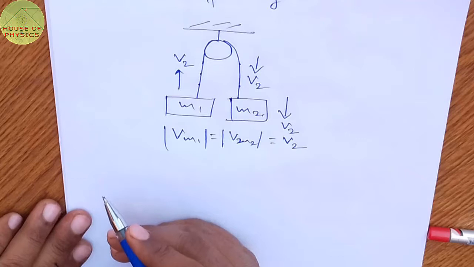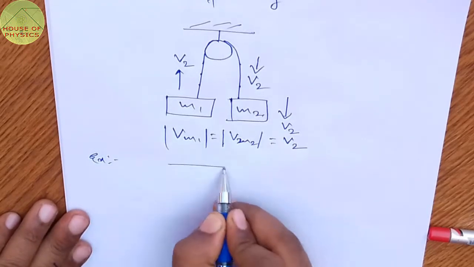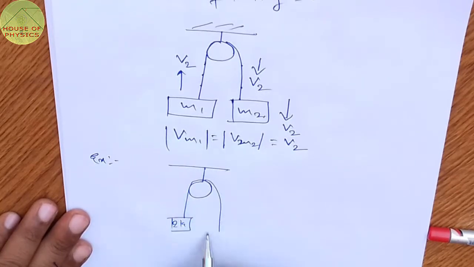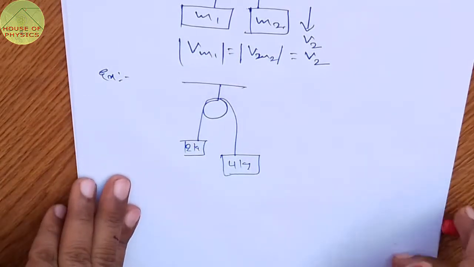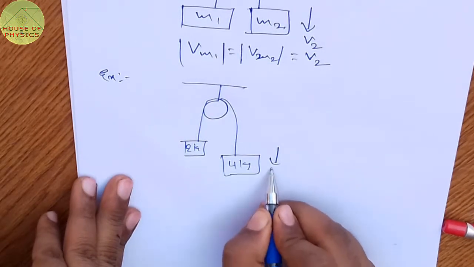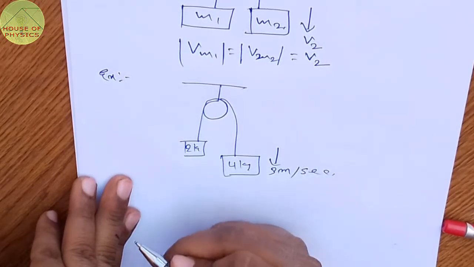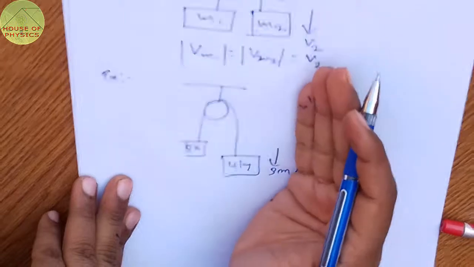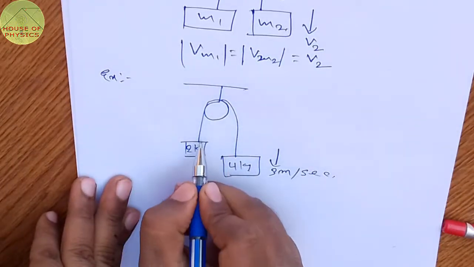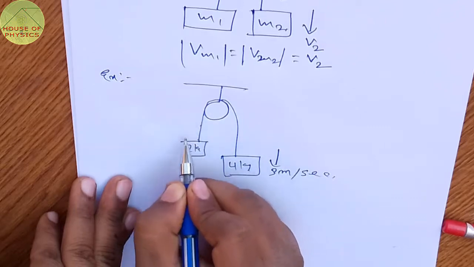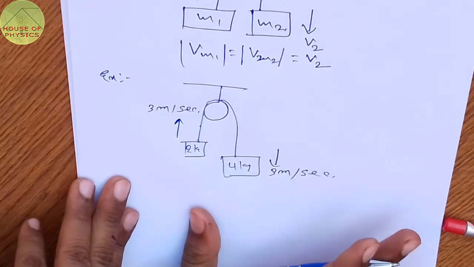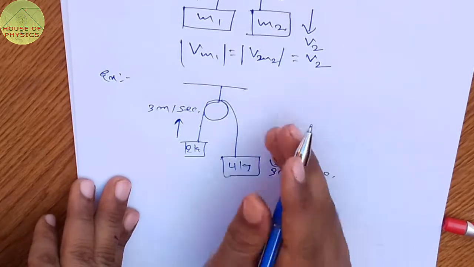Now suppose, as an example, this block is connected with this 2 kg system, and this is a 4 kg system, and if I say this is moving with 3 meters per second, it means all the points on the string will be moving with 3 meters per second in the downward direction on this side, and in the same pattern all the points on the string in this direction will be moving in the upward direction with the same velocity. This is the constraint pulley relation.